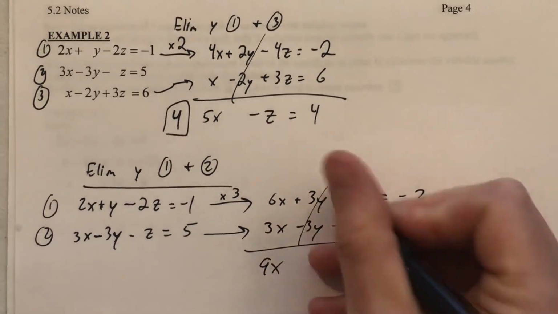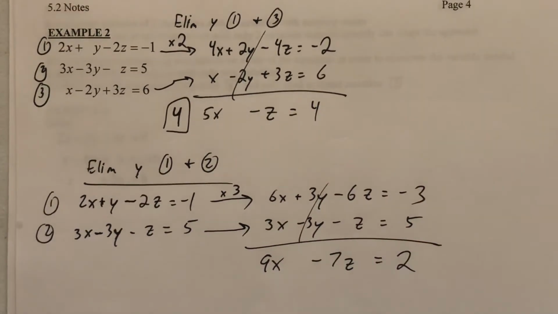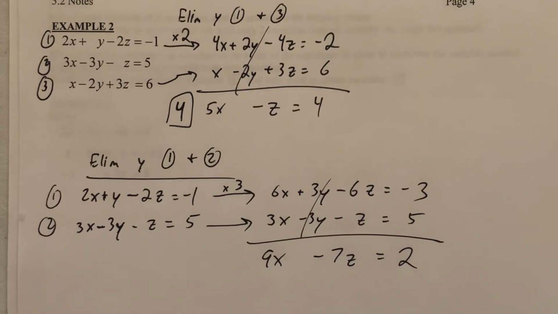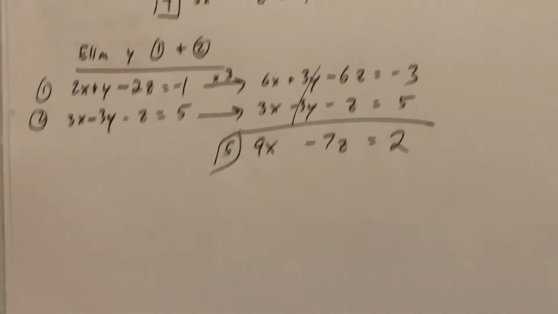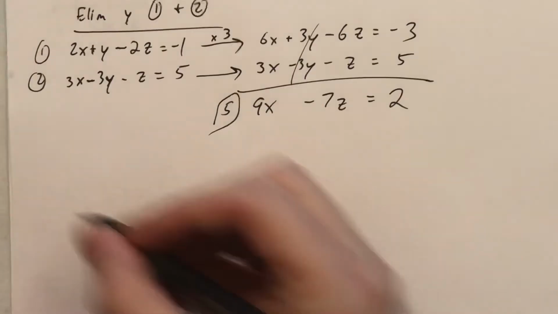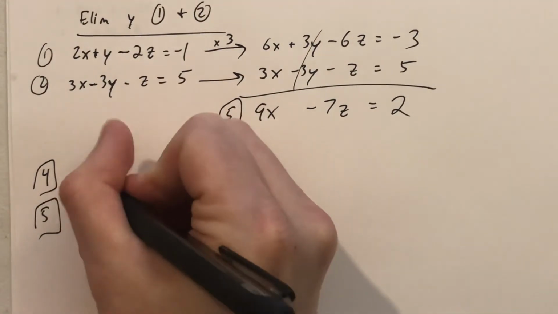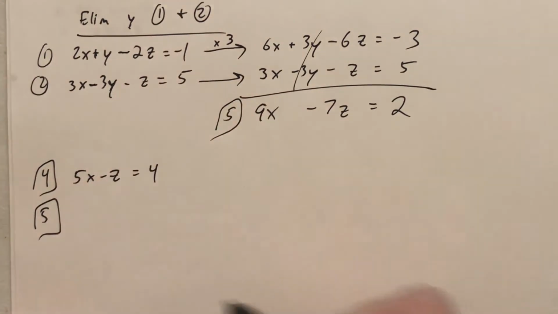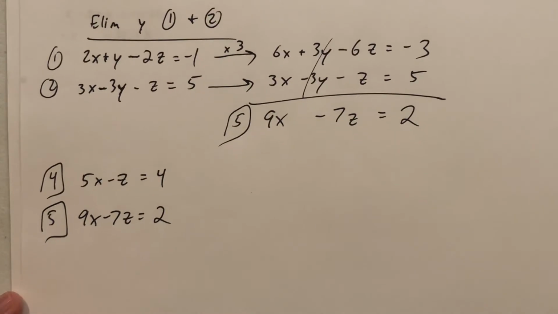Doing my elimination, that's gone. 9x minus 7z equals 2. All right, so from there, we've got our equation 5, and we can take equations 4 and 5 onto our system of 2 equations: 5x minus z equals 4, and 9x minus 7z equals 2.